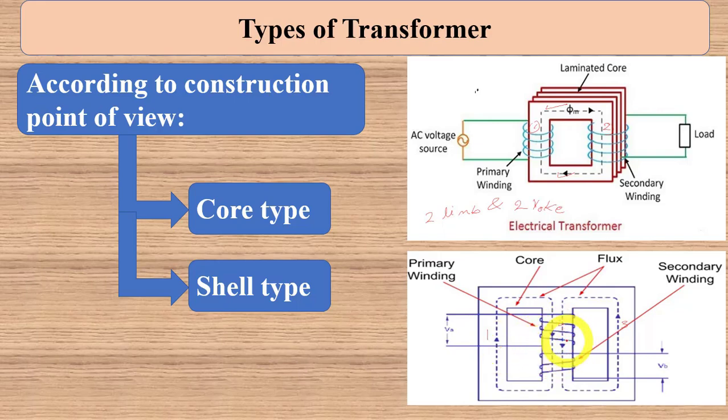The central limb has a thicker cross section area compared to the outer limbs, because the outer limbs share half of the total flux. In this arrangement, more than one path is available for the magnetic flux to travel. So a shell type transformer provides a parallel magnetic circuit. On the other hand, a core type transformer provides a series magnetic circuit.